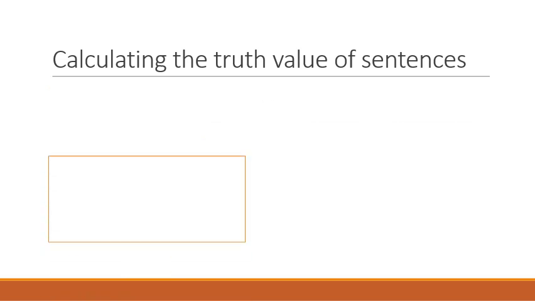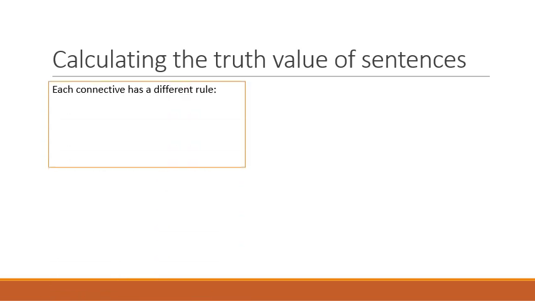So the first thing to talk about is the rules for each connective. When you see a connective, you need to know how to go from the pieces of what you're dealing with to a judgment about the truth value. Each connective has a different rule, and we'll start with the binary ones.